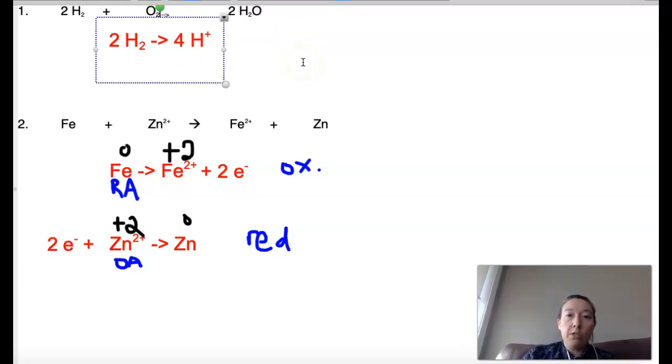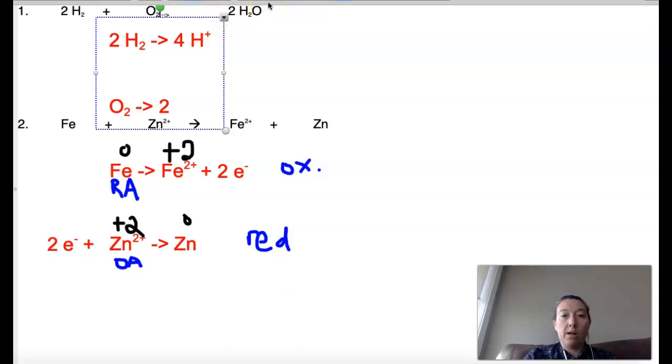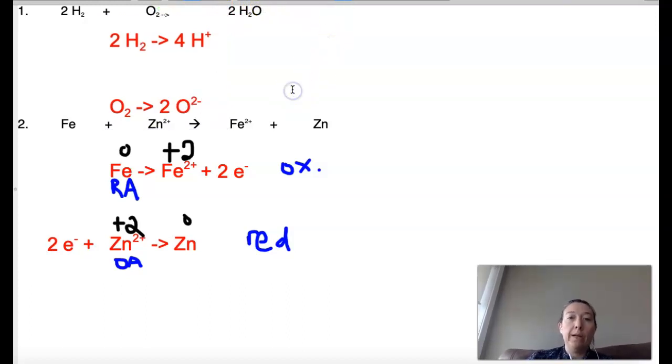Okay, then for our oxygen, we're going to say that we have our O2, right? Because that's what we have on the reactant side. And then we're going to say that we have 2 of those oxide ions, so 2O with a 2 minus charge, okay? So, same step, we want to have a look at our charges. There's no charge written in this top corner, so this currently has a charge of 0.